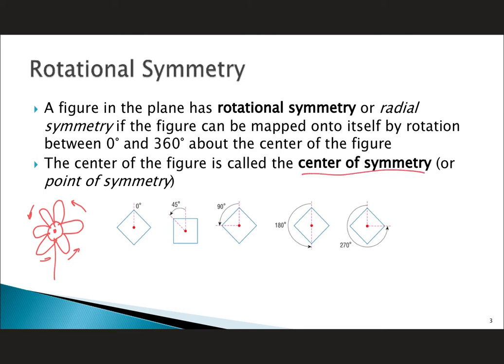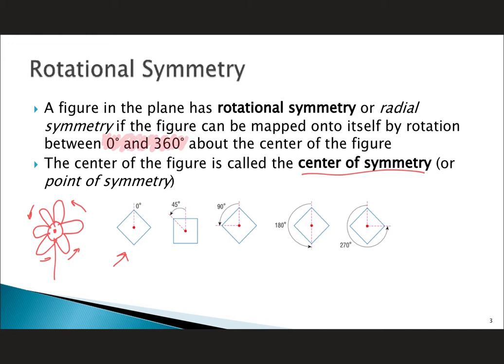As you can see here in the image the PowerPoint gives you, we've got a square or a diamond. The pre-image starts right here at 0 degrees, and then it rotates. It rotates 45, it rotates 90, it rotates 180, 270, all the way around. Now, due to the fact that it's going in a circle, we really only care about 0 to 360.